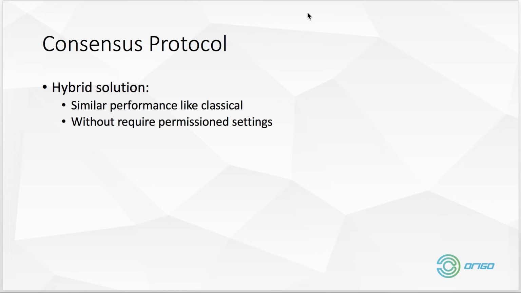There are lots of projects talking about hybrid solutions. A hybrid solution wants to make the consensus protocol perform similarly to the classical one, without requiring the permission setting of the classical one. So it's about matching the speed of the industry, as fast as the industry.